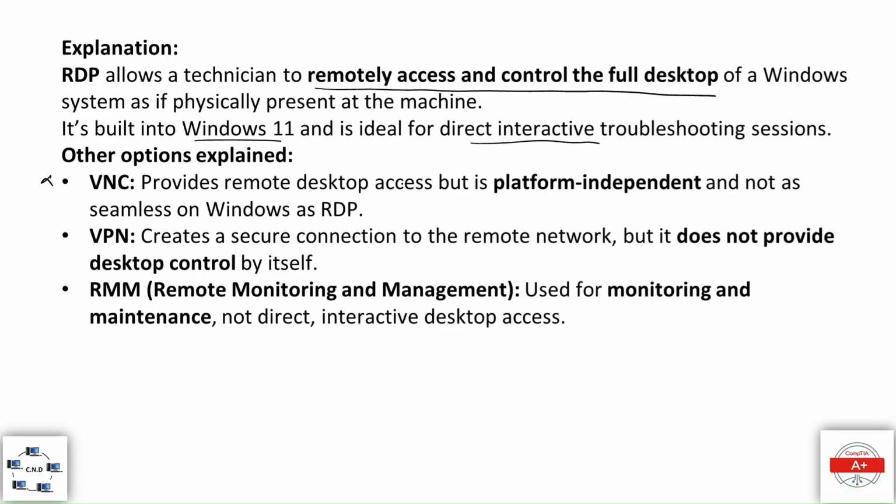VNC provides remote desktop access but is platform independent and not as seamless on Windows as RDP. VPN creates a secure connection to the remote network, but it does not provide desktop control by itself. And RMM, that is remote monitoring and management, is used for monitoring and maintenance, not direct interactive desktop access.